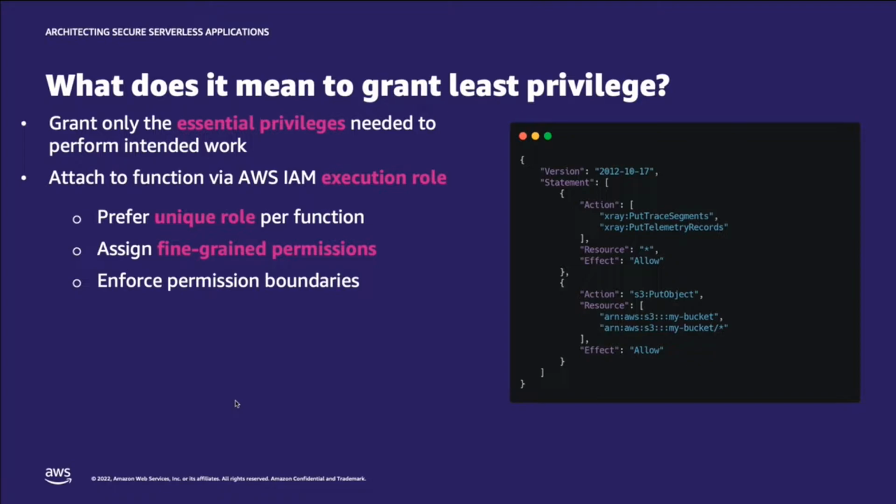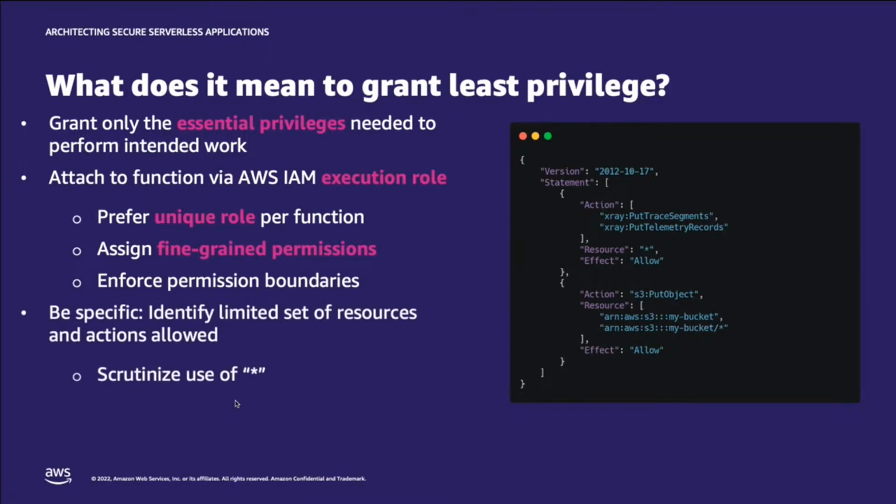This is also a best practice because you can determine which account or which role or eventually IP address could be accessing that particular function, right? So these are ways you can use to grant the least privilege for Lambda functions.